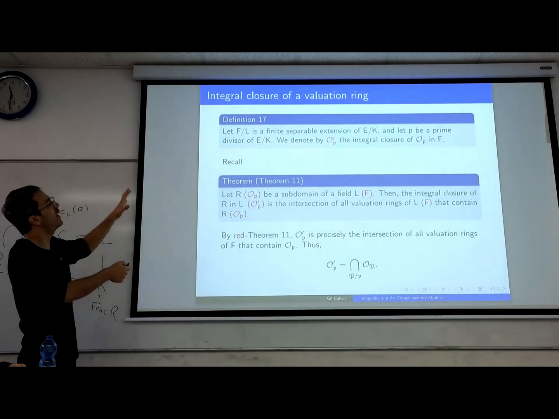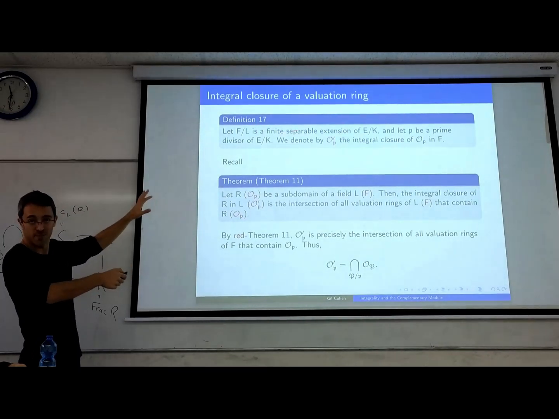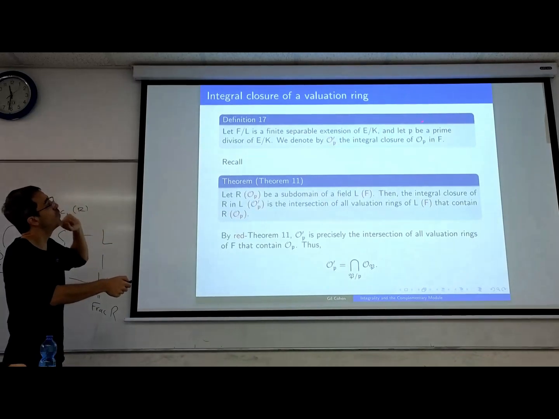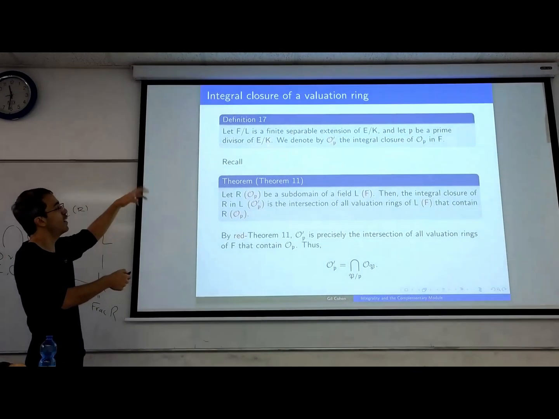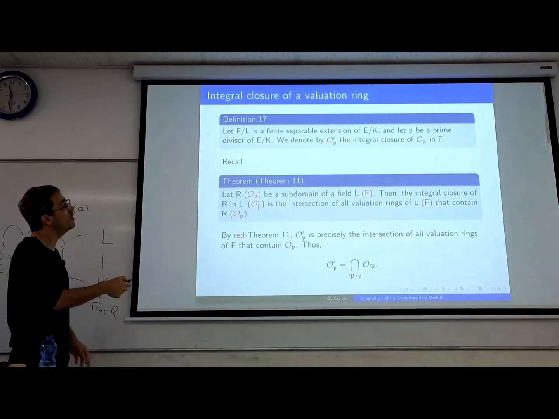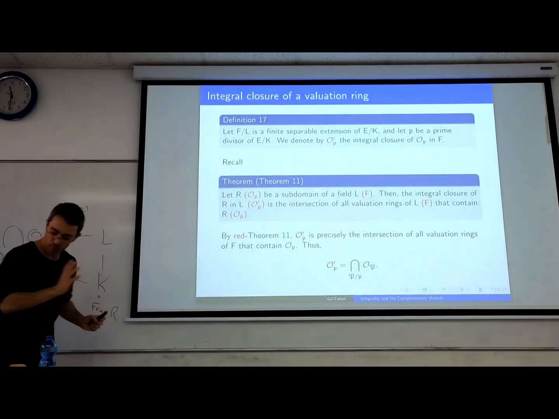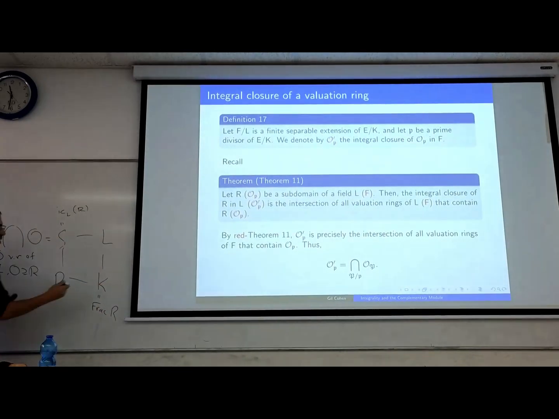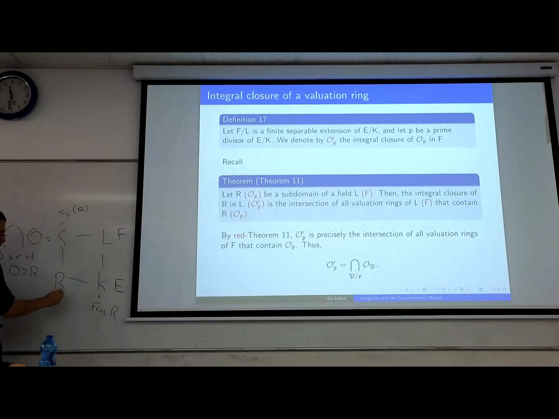So if you have F over L, a finite separable extension of U over K, now we are in function fields, not just fields, and you take a prime divisor downstairs of U over K, then I'm going to denote by O prime P the integral closure of O_P in F. So you have E here, F here, and this is O_P.